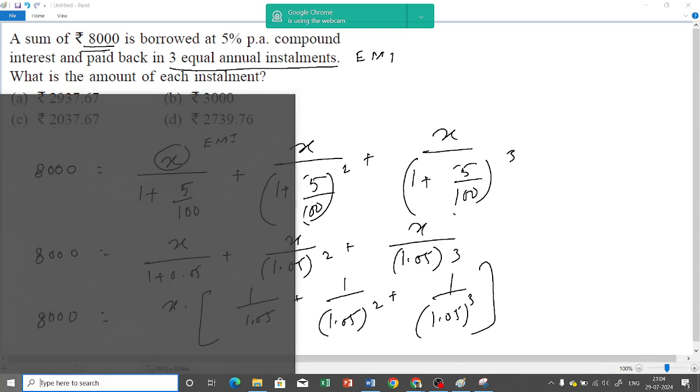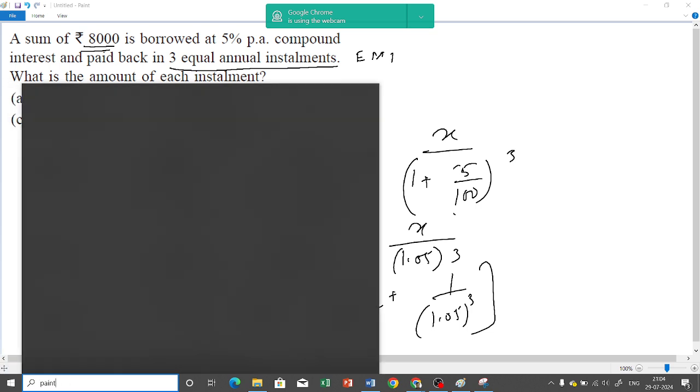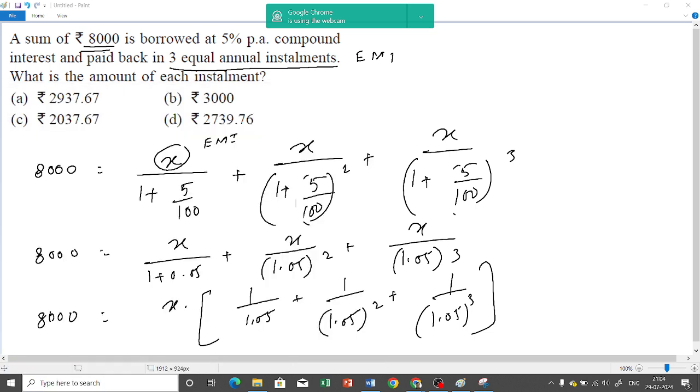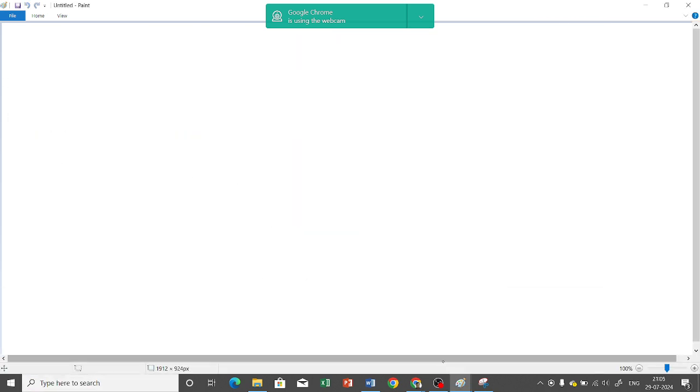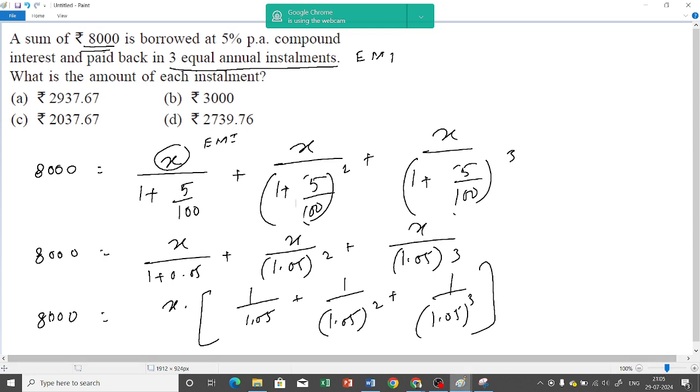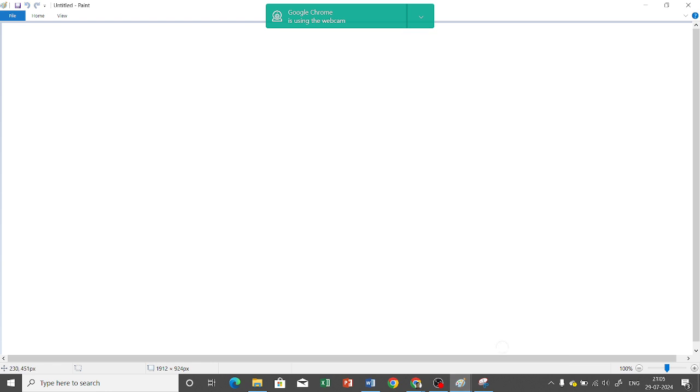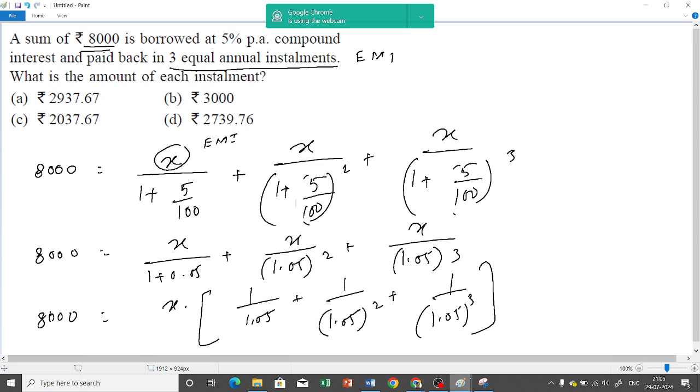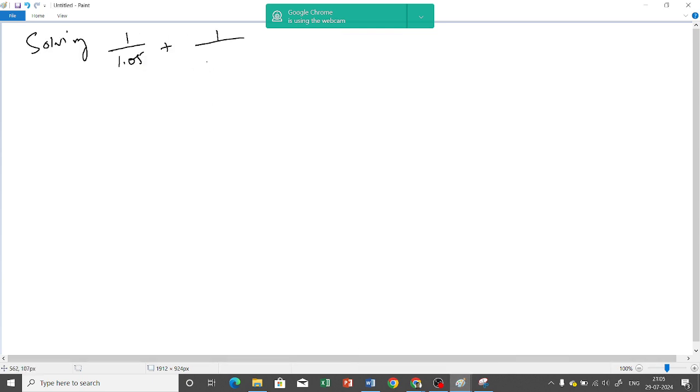Now if you see, this is becoming a GP series, where the common ratio, so if I just solve this one, solving 1 divided by 1.05, 1 by 1.05 square plus 1.05 cube.